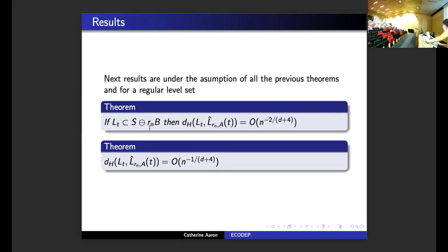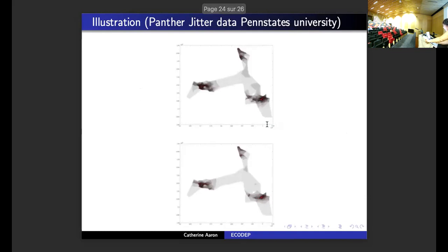And if I have a regular level set that is far enough from the density, I have a distance between the two level sets of this order. I apologize, there is an additional logarithm term that I need to put. This is the kind of map.